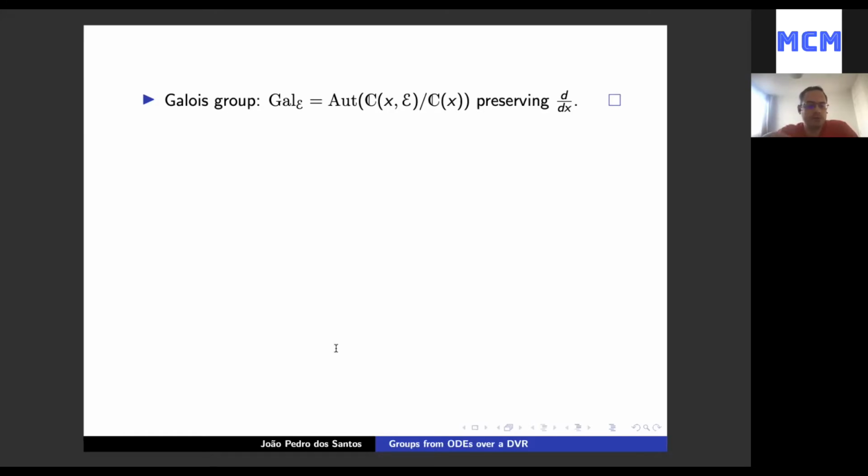Maybe the most famous result is Liouville's theorem, which says that if this Gal here is solvable, then you can solve your equation by exponentiation, logarithms, and integrations.